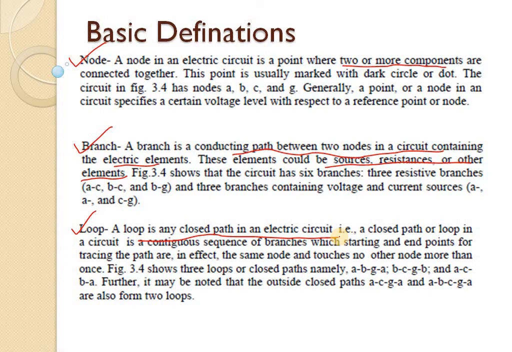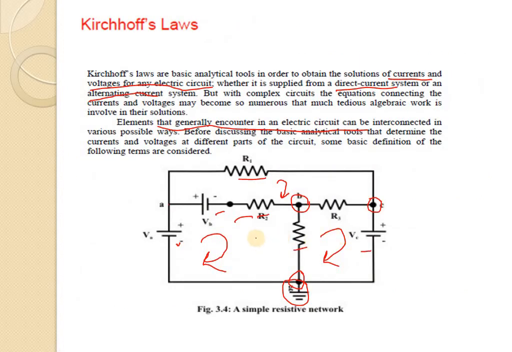So there are three loops in this circuit. I have already shown you previously. This is loop 1, this is loop 2, and this is loop 3. That means where no other branches are inserted and this forms a closed path. So this is called a loop.